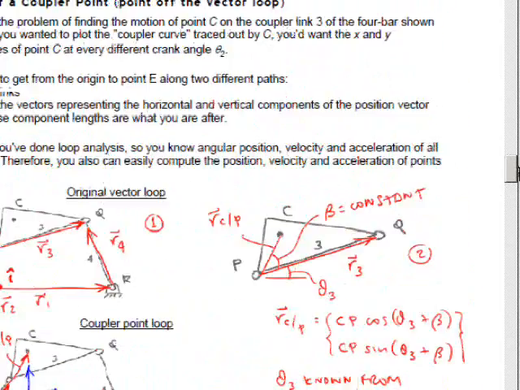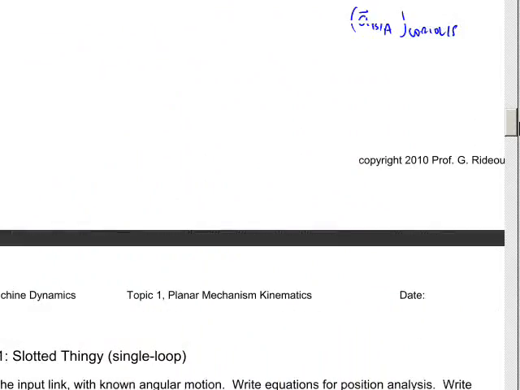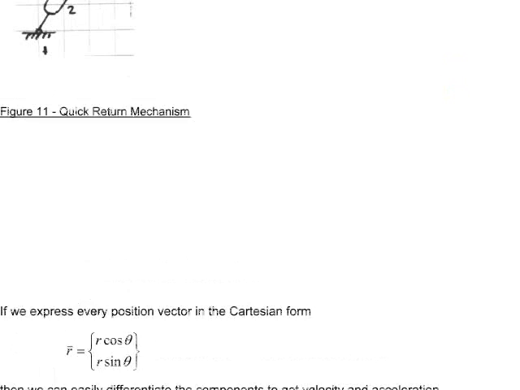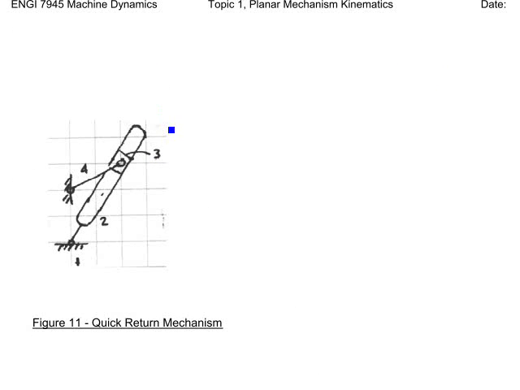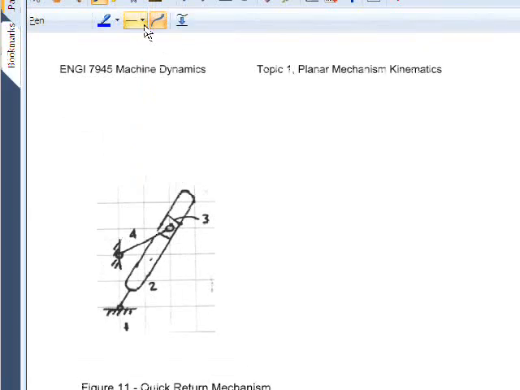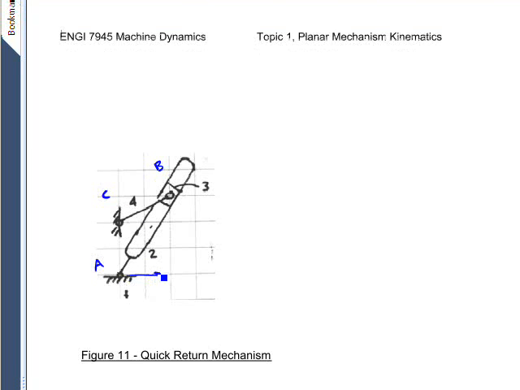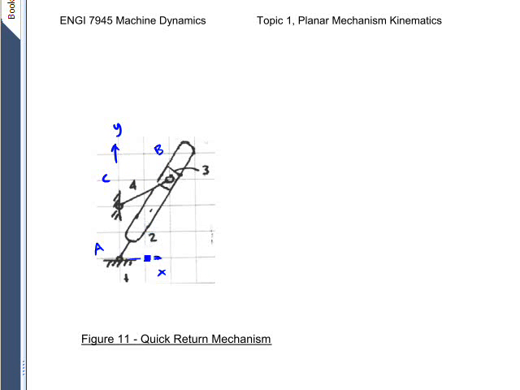I'll talk about one more example of loop vectors and unknowns. I'll look at this, just a little chunk of the quick return mechanism. The other day I said, when you do position analysis and velocity and acceleration analysis for this, if I have points A, B, C, and if I have an origin at A, I can have a vector loop which is a triangle.